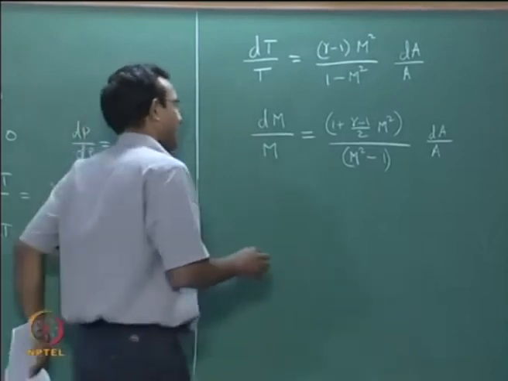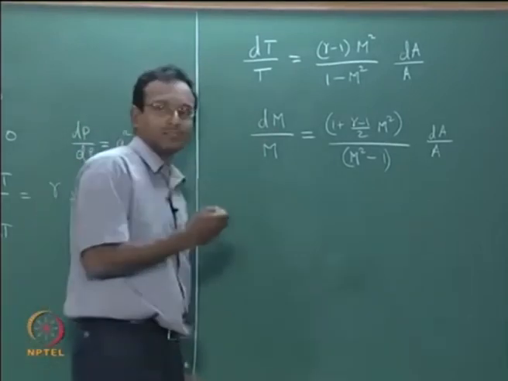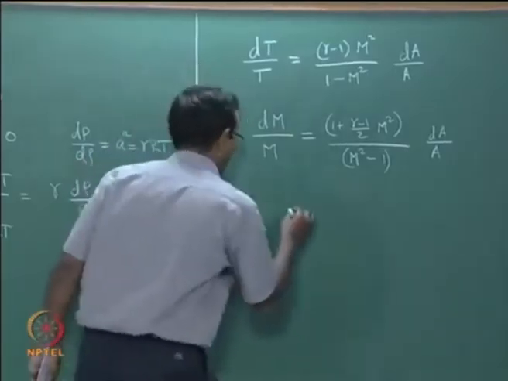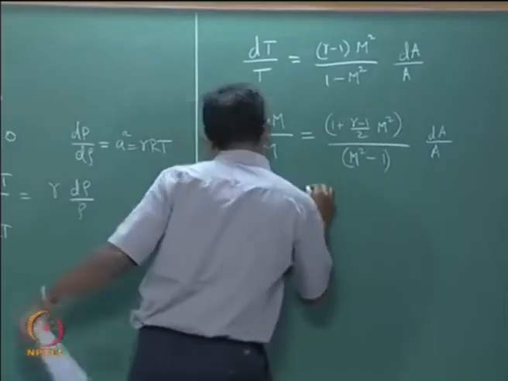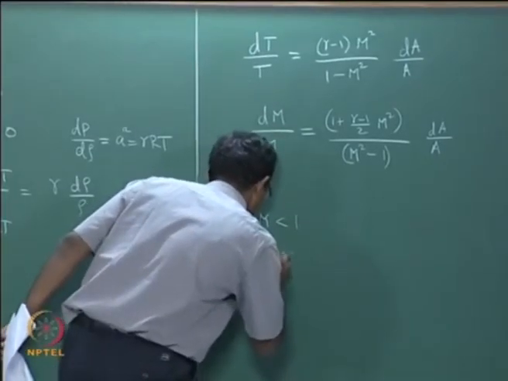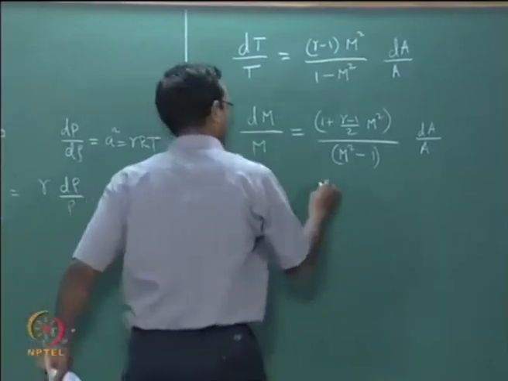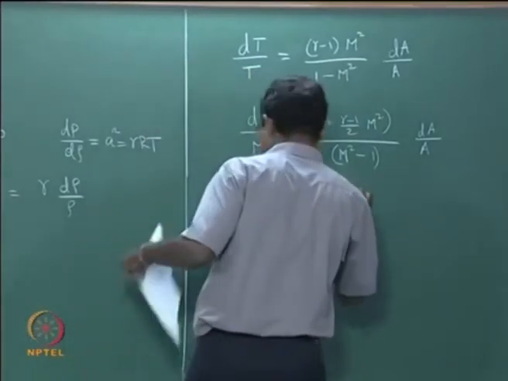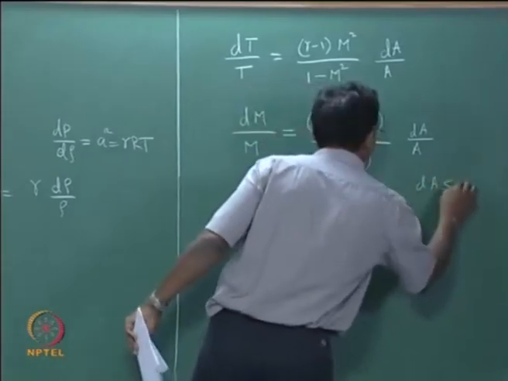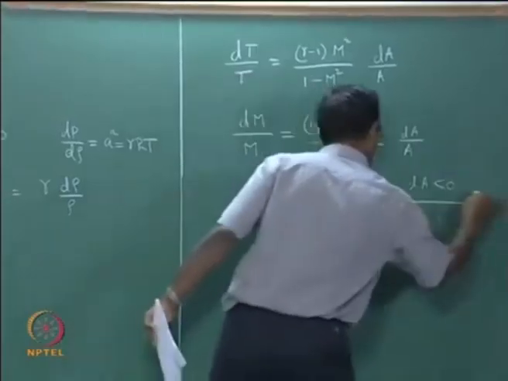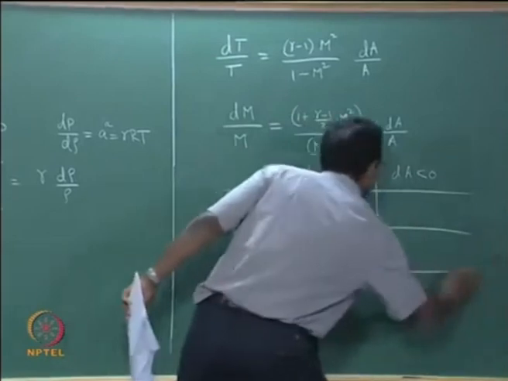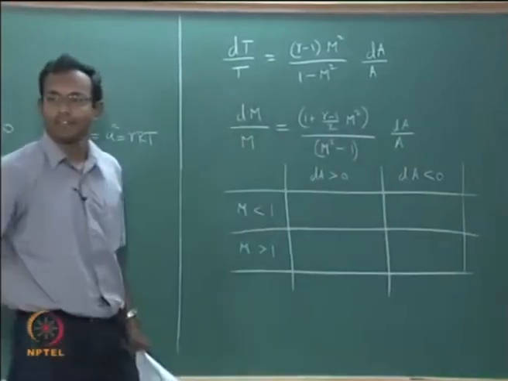We will anyway go over this once more because this is directly applicable to flow through ducts with changing areas. So if I look at that again, I am going to draw that table the way we have already done: M less than 1, M greater than 1, and I am going to say dA greater than 0 and dA less than 0. I believe we have already drawn this table some time back, definitely.